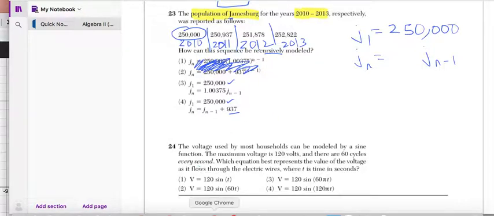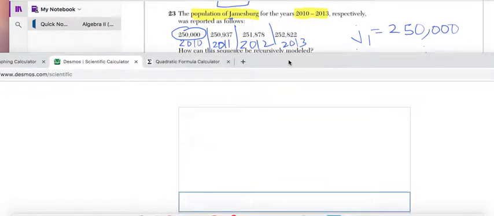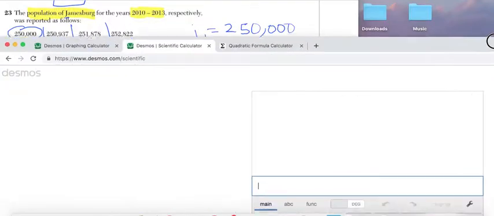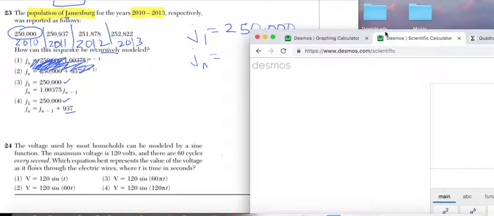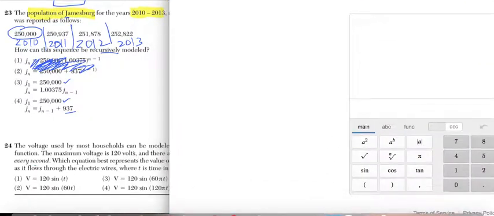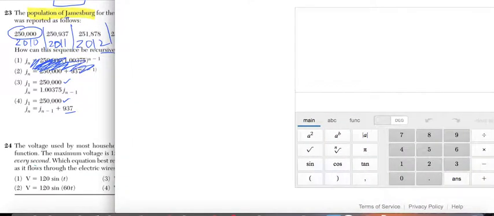So I'm going to go to the scientific calculator, and I'm going to use choice 3 first. In choice 3, we're multiplying the value by 1.00375 each time.